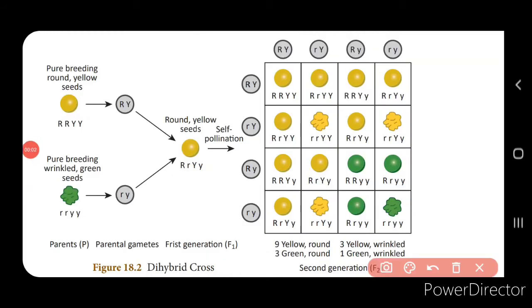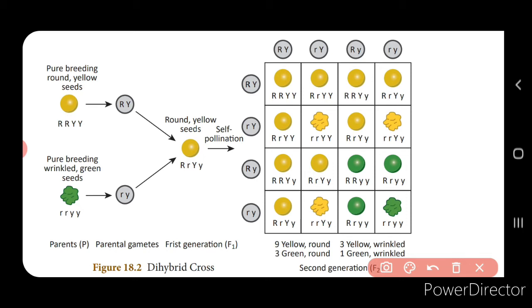Now let's move to the dihybrid cross. Di means 2, right? The inheritance of 2 genes. So the dihybrid cross involves the inheritance of 2 pairs of contrasting characteristics at the same time, right? Now what are the 2 contrasting characteristics that are chosen?